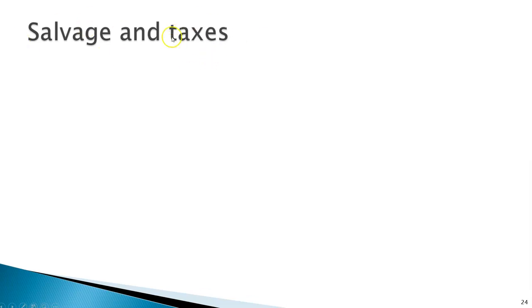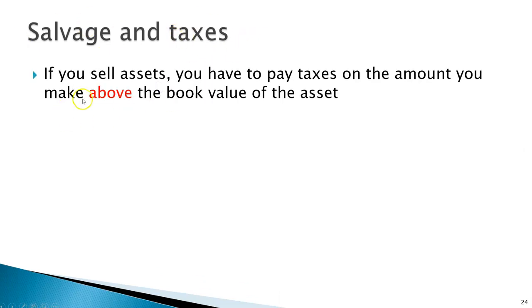Now let's talk about how this affects taxes. If you sell assets, then whatever you sell it for above the book value is considered taxable. The reason is that depreciation is a tax deductible expense. So as you go along and charge that depreciation expense, you're saving yourself money on taxes.